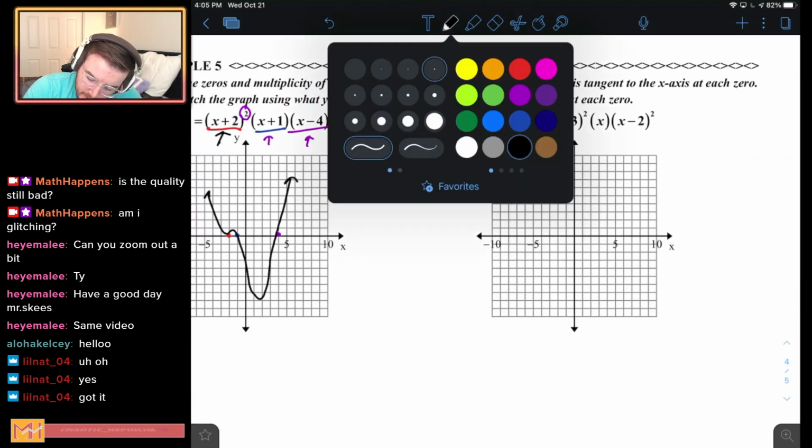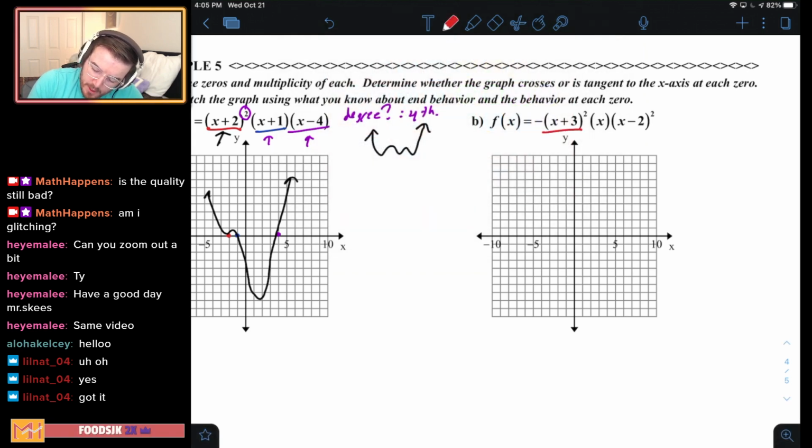So we have a 0 at -3. We have a 0 at 0. And we have a 0 at 2. It's going to bounce, cross, bounce. And what is the degree of this function? 1, 2, 3, 4, 5.